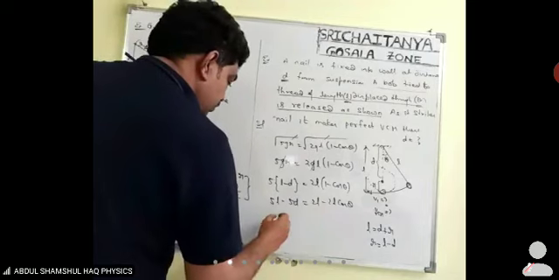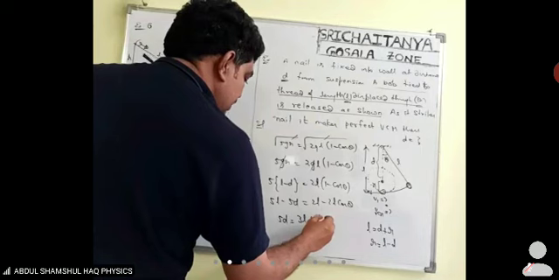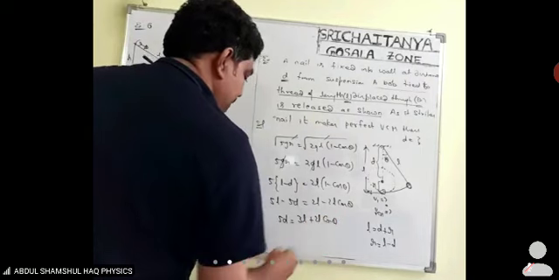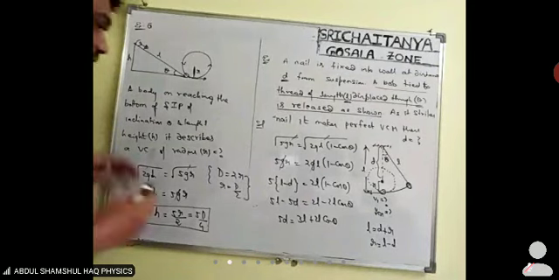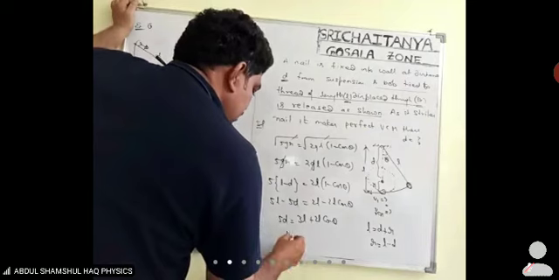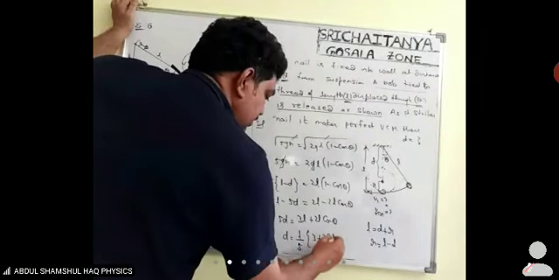So 5D is equal to 3L plus 2L cos theta. So D is equal to L by 5 times (3 plus 2 cos theta).